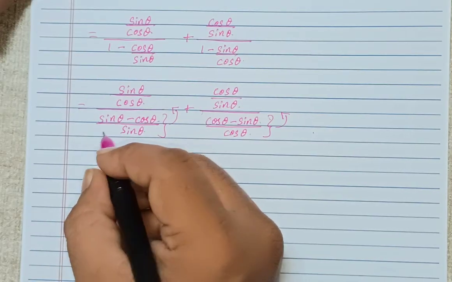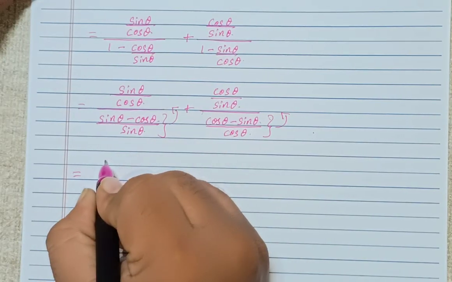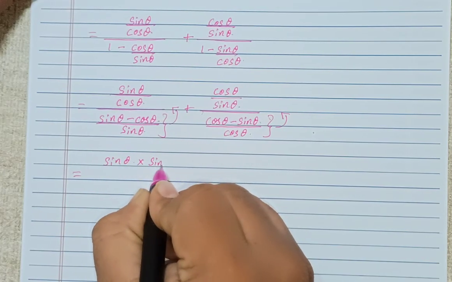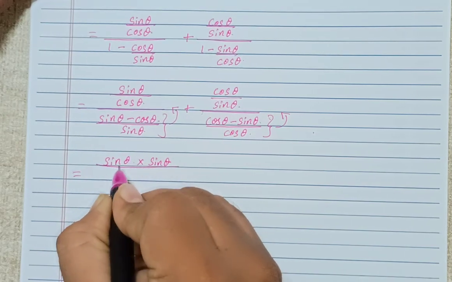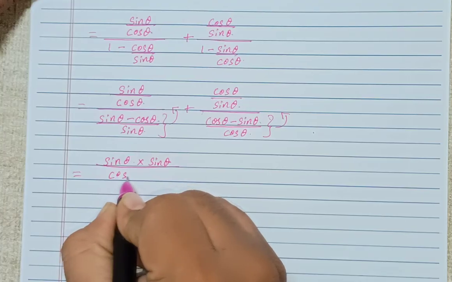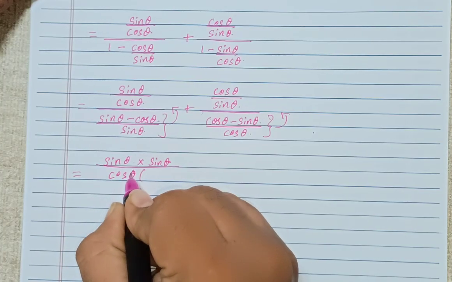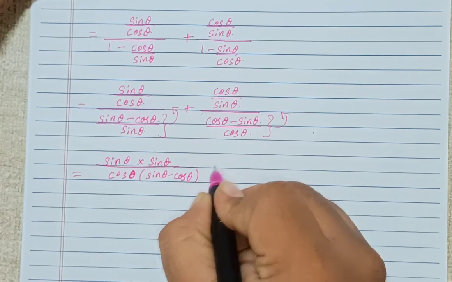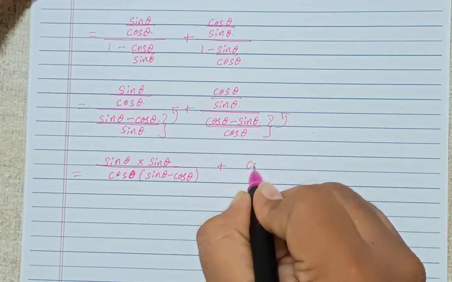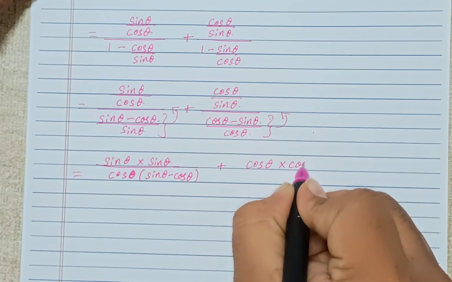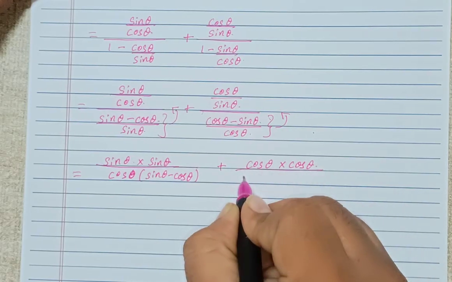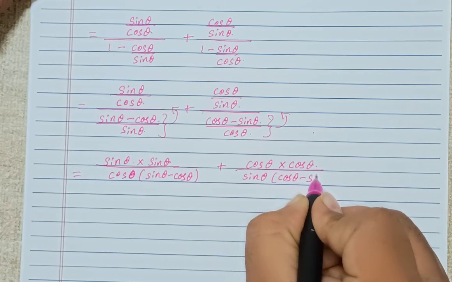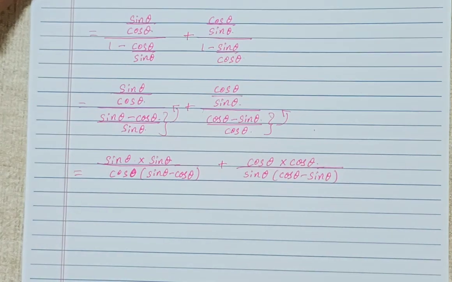That is, sin theta into sin theta, divided by cos theta into (sin theta minus cos theta), plus cos theta into cos theta, divided by sin theta into (cos theta minus sin theta).